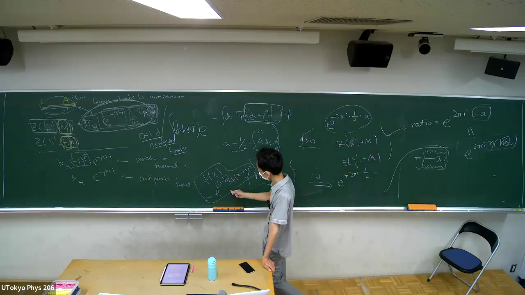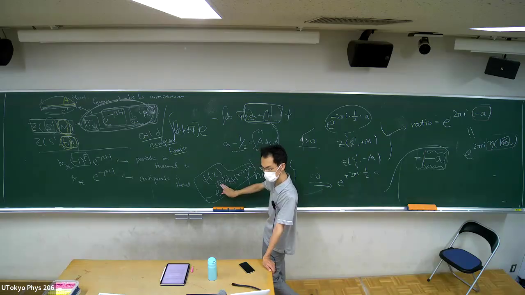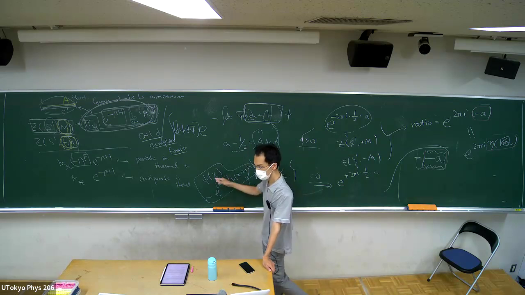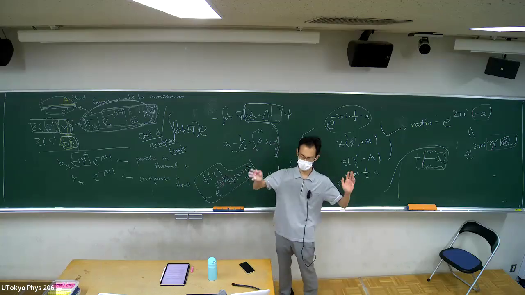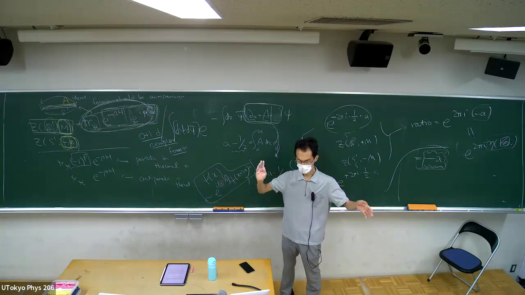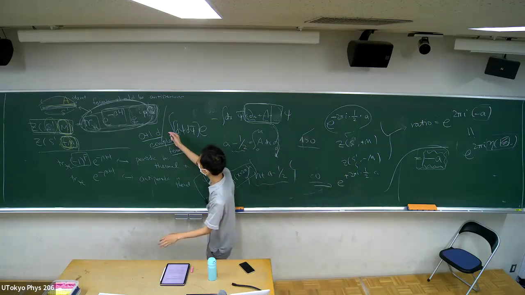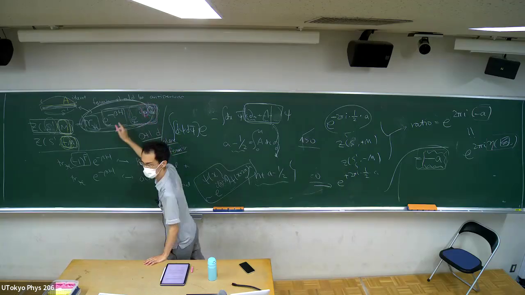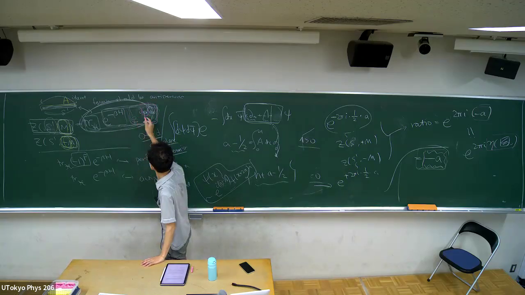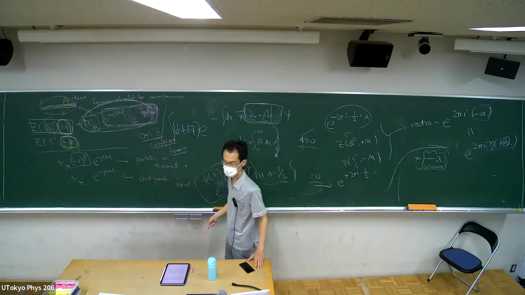So when A is 0, this is an anti-periodic fermion, so it's a thermal partition function. When A is 1/2, this is a periodic fermion. But when A is intermediate, that's a fermion with some complex boundary conditions. And that's the path integral implementation of the insertion of this chemical potential operator for the charge, the electric charge.